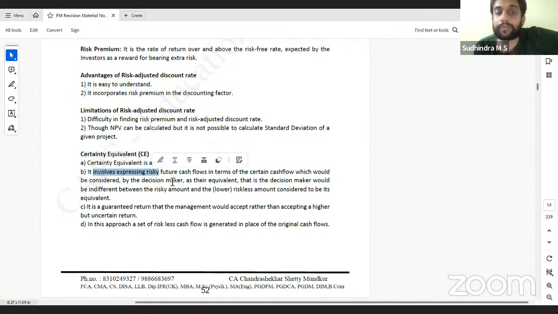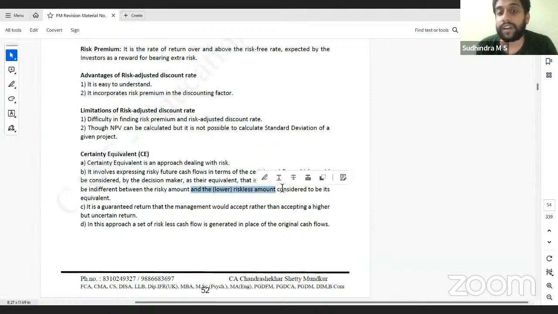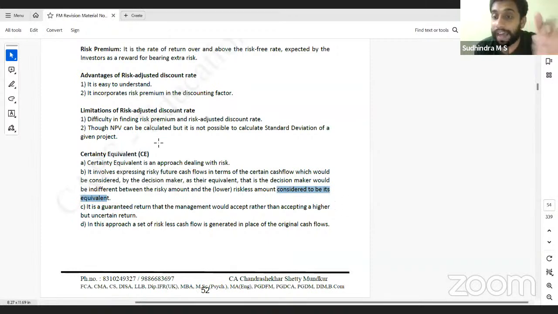It involves expressing risky future cash flows in terms of certain cash flow, which would be considered by the decision maker as their equivalent. The decision maker would be indifferent between the risky amount and the riskless amount considered to be its equivalent. Investing 1 lakh in that investment or investing 70,000 in a risk-free investment is one and the same. That is what the certainty equivalent concept is all about.